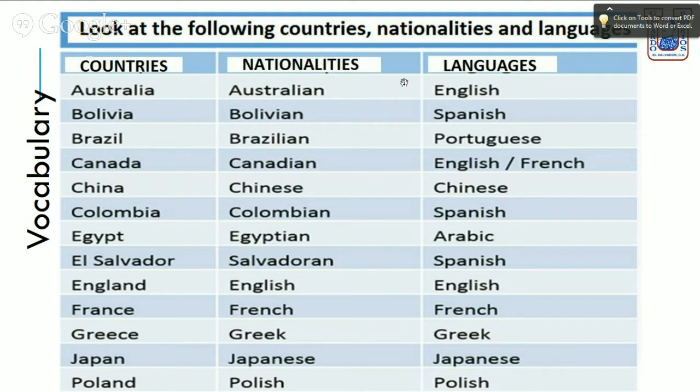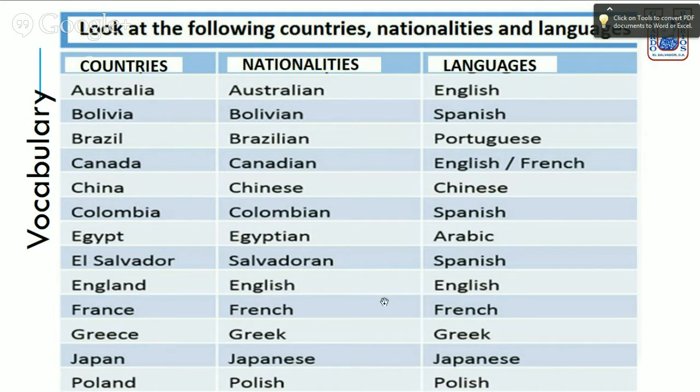Australia, Australian, English. Bolivia, Bolivian, Spanish. Brazil, Brazilian, Portuguese. Canada, Canadian, English, French. China, Chinese, Chinese. Colombia, Colombian, Spanish. Egypt, Egyptian, Arabic. El Salvador, Salvadorian, Spanish.